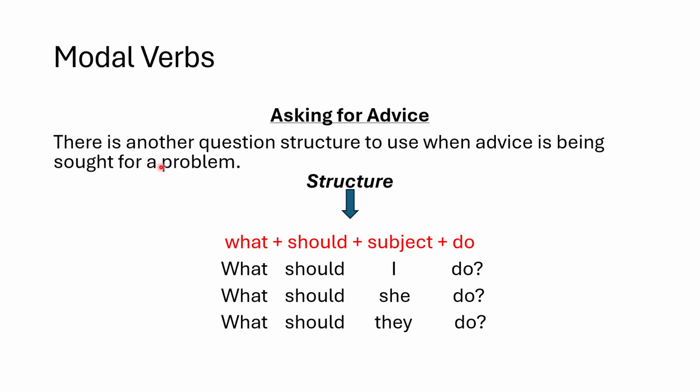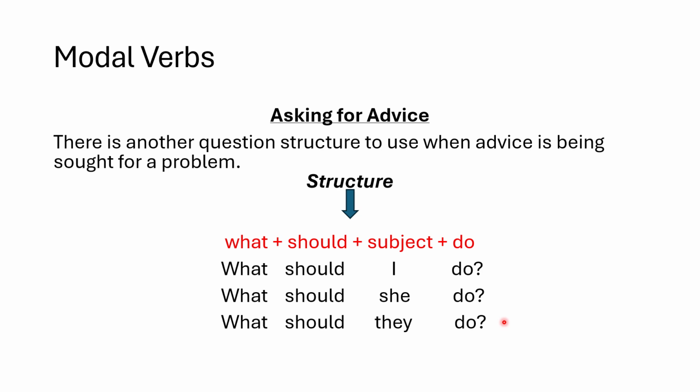There is another question structure to use when advice is being sought for a problem. Here is the basic structure: what plus should plus subject plus do. What should I do? What should she do?